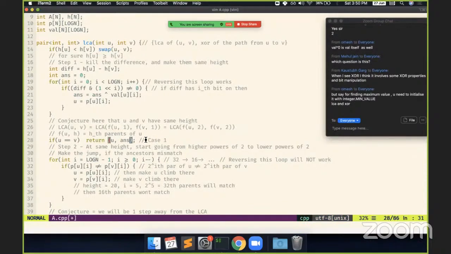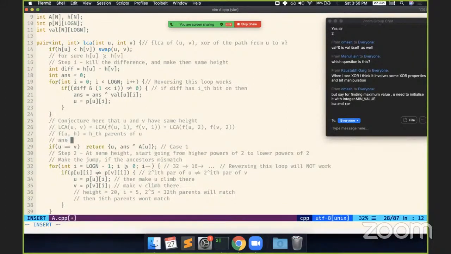You're done. Let's think. Had u and v been the same, this difference would be 0. You'll come here, you'll come here, you won't return the correct thing, notice. So you need to actually XOR it with the last thing.